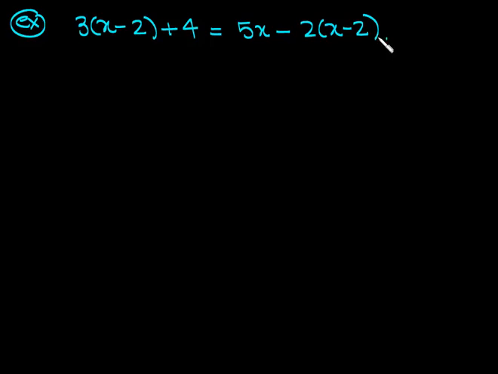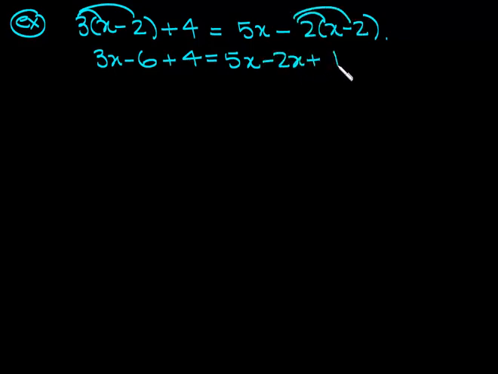Okay, so let's take a look at this problem. Again, I have parentheses, so we have to get rid of those parentheses when we are solving. So let's go ahead and distribute here. So we get 3x minus 6 plus 4 is equal to 5x, and we're going to distribute the negative 2. So you get negative 2x plus 4.